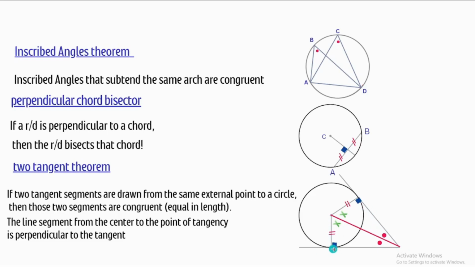The radius which touches the tangent at the point of tangency will be perpendicular. This straight line which we draw from the center to the external point bisects this angle and also bisects this angle. And we already have this radius equal to this radius, so these two triangles are congruent.